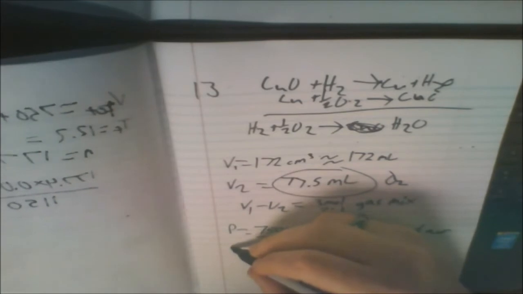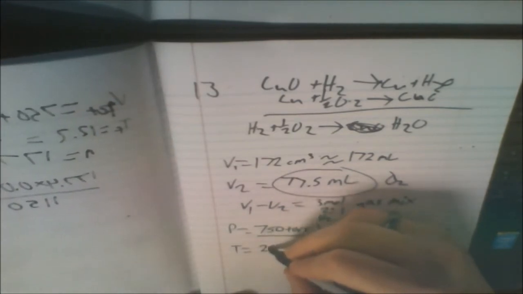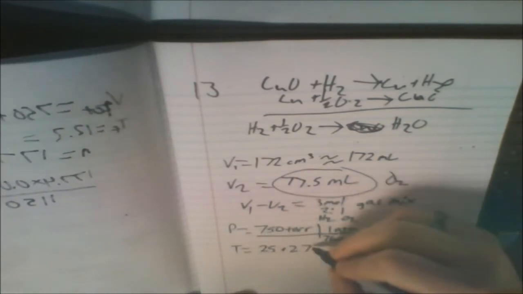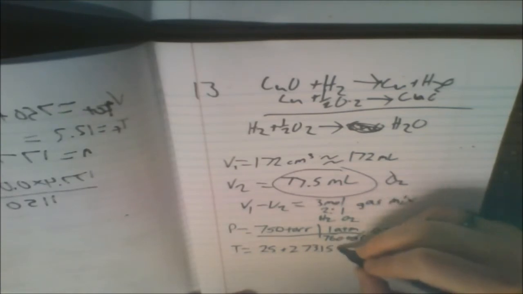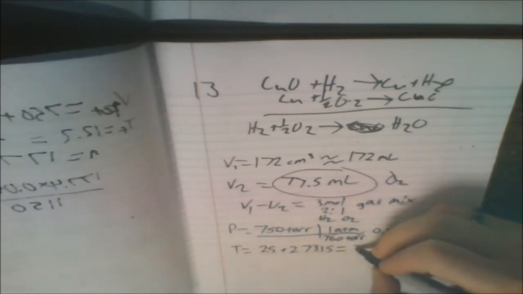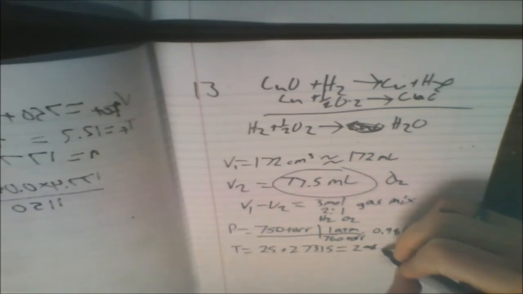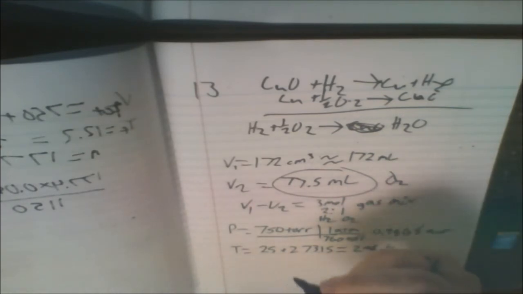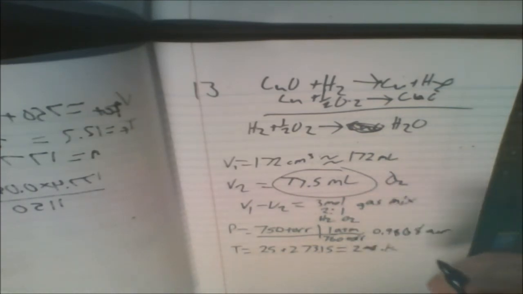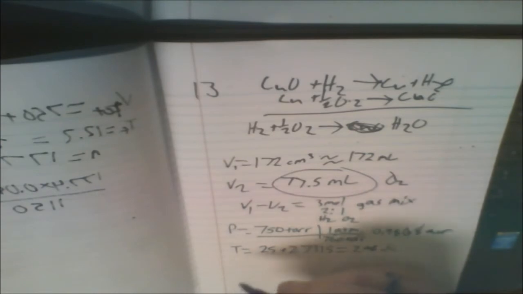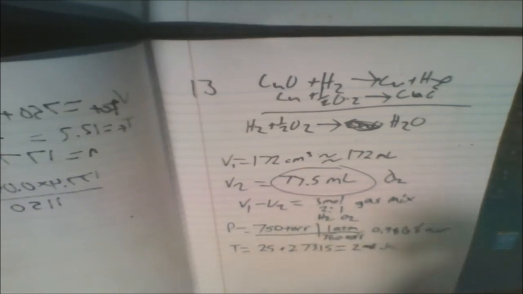At 25 degrees plus 273.15, it's 298 Kelvin. And milliliters we can turn into liters without a problem.